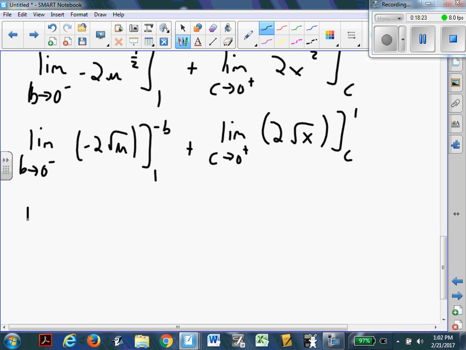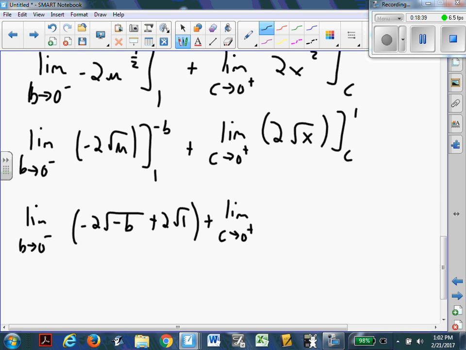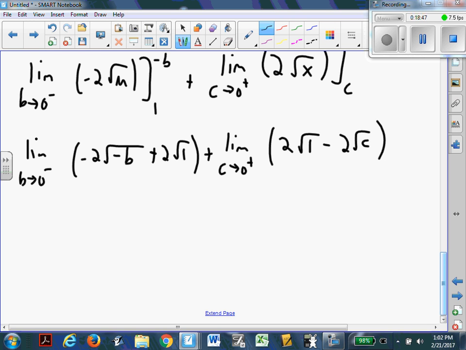So then we have the limit as b approaches 0 from the left of negative 2 rad negative b minus negative 2 rad 1, and then plus the limit as c approaches 0 from the right of 2 rad 1 minus 2 rad c.